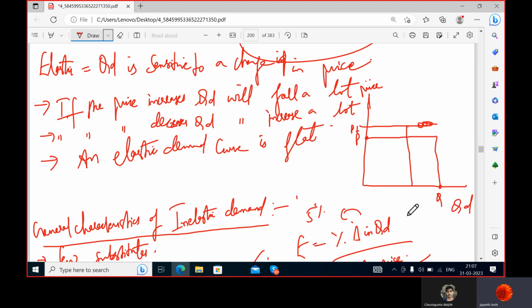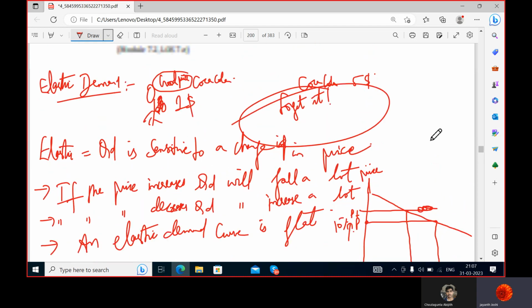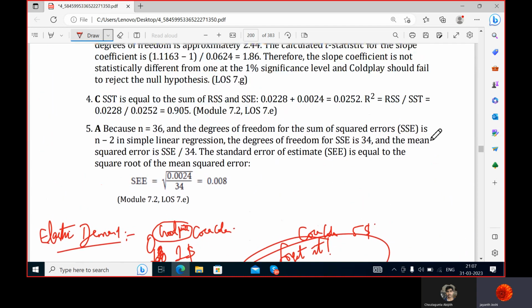So a 10% increase in price is leading to a 15% decrease in quantity demanded. You can understand the curve would be flatter, not steeper. Now, Abhijit, can you give some examples of this?